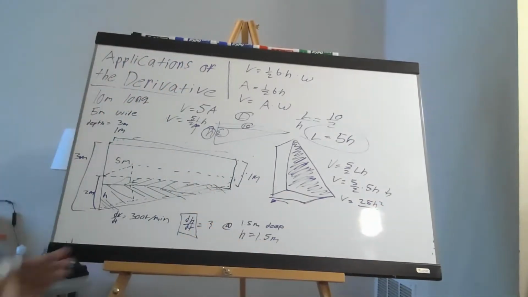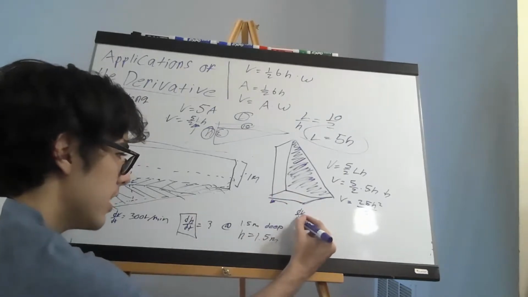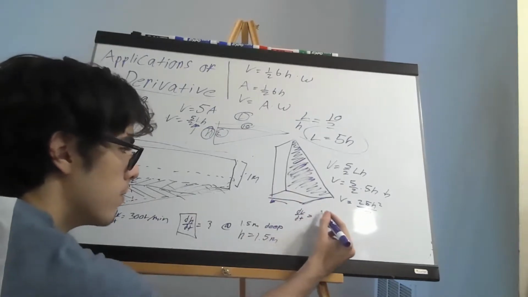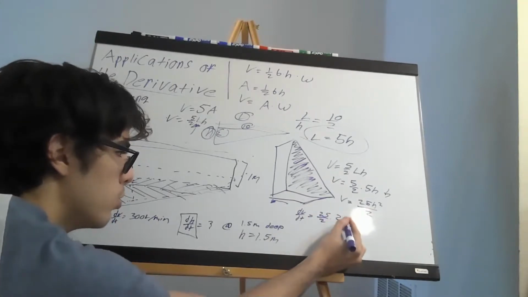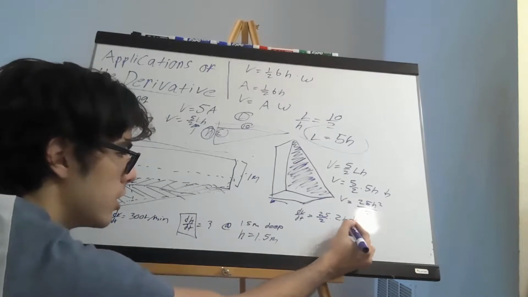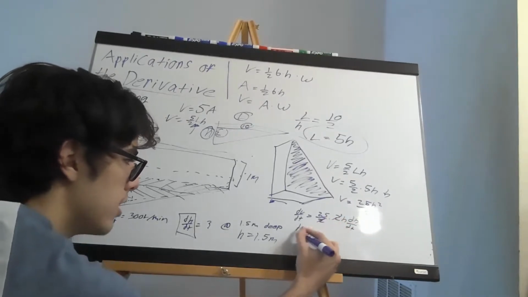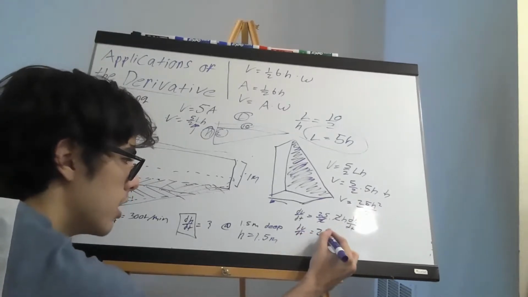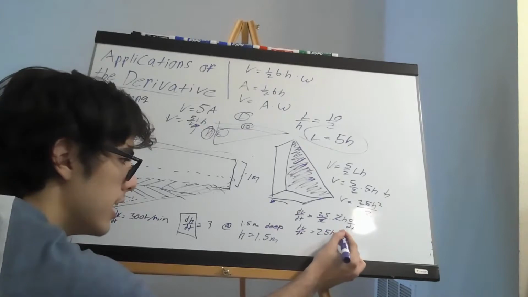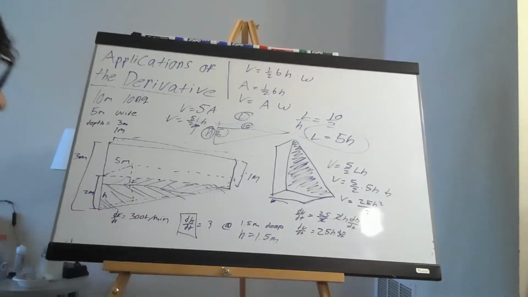So we're at the final step, which is to just take the derivative. So we get dV dt equals 25 over 2 times 2h dh dt. So those twos cancel, so we get dV dt is equal to 25h dh dt. And now we can plug in, finally.